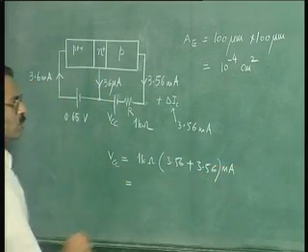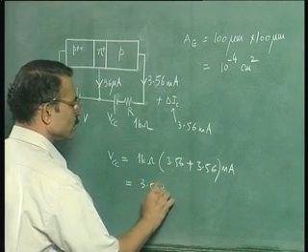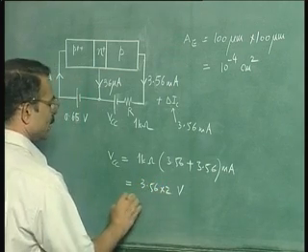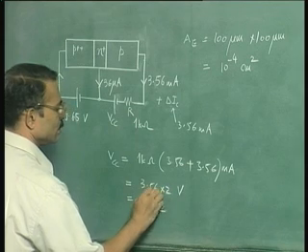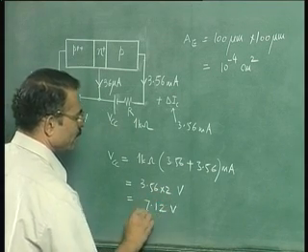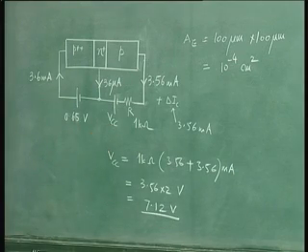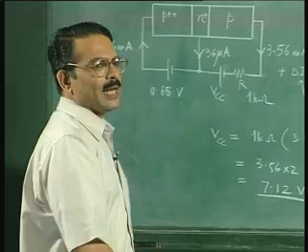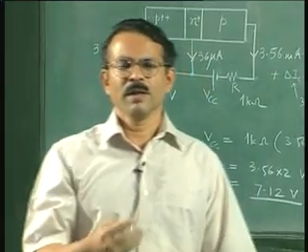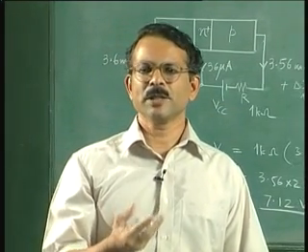So which is equal to 3.56 into 2 volts, that is about 7.12 volts. That would have to be your VCC. So this is a numerical example illustrating the operation of the transistor as a small signal amplifier.